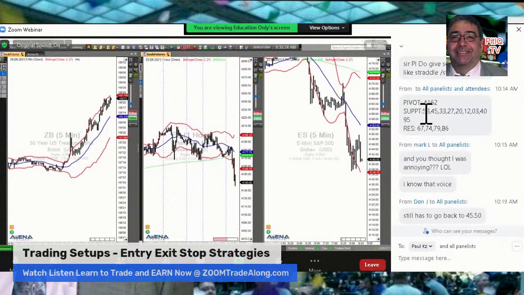He had support at 53, 45, 33, 27, 20, 12, 03, and 4095. Then resistance at 67, 74, 79, and 86. As the trade progresses after the opening bell, those levels can be adjusted and tweaked based on the price action.